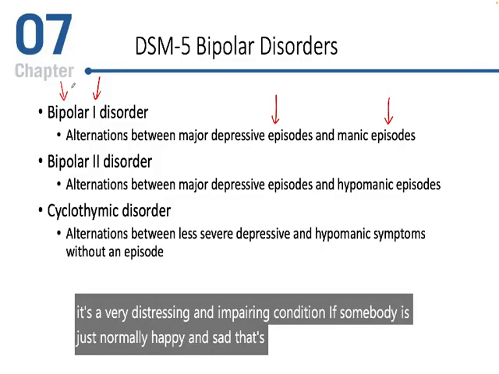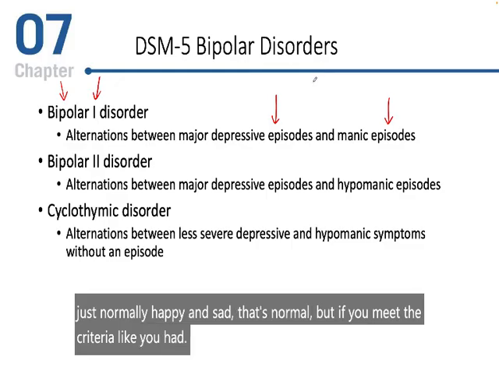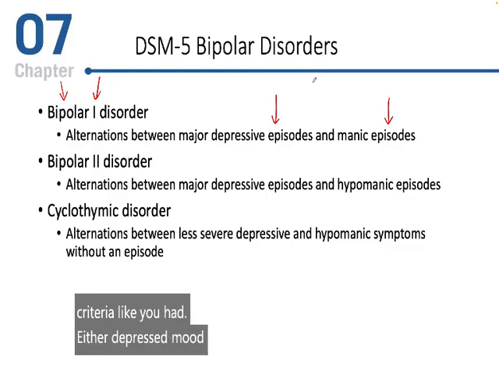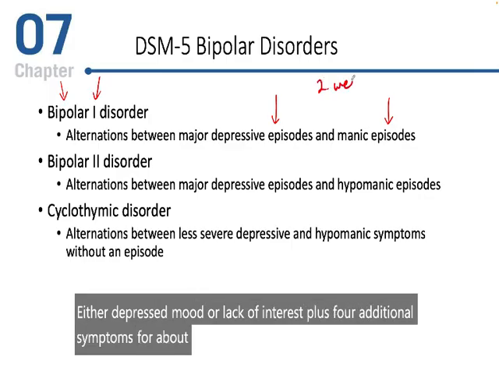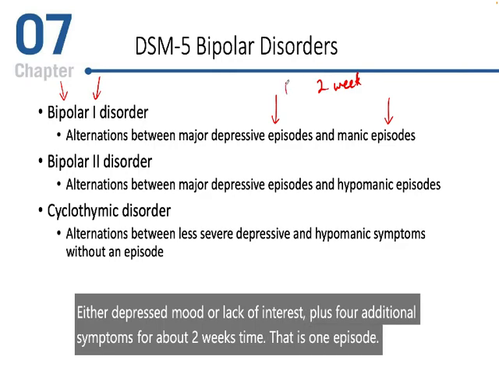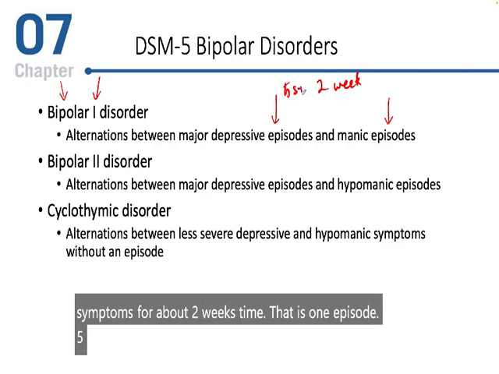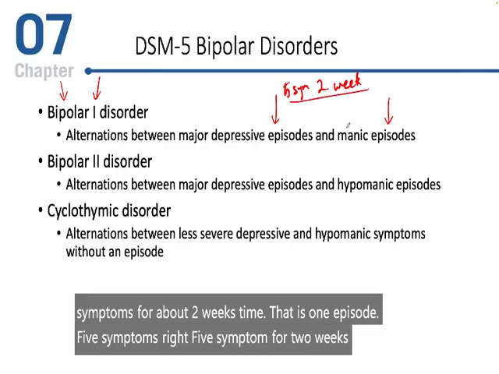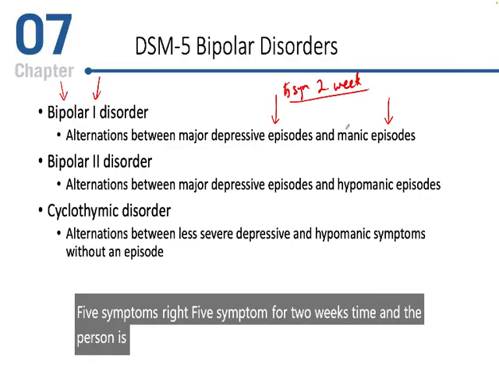But if you meet the criteria, like you had either depressed mood or lack of interest plus 4 additional symptoms, 5 symptoms for about 2 weeks, the person is experiencing a depressive episode.